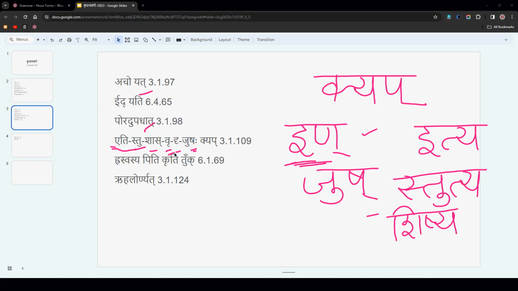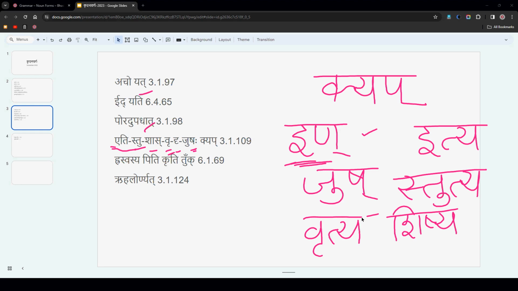Then vru: varane means choosing, selecting. Here the final form we want is vrutya. Vrutya means fit to be selected, chosen.